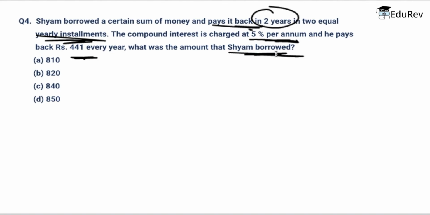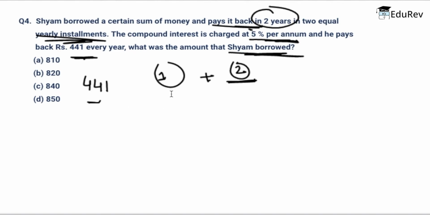As given in the question, the loan principal that Shyam borrowed is the present value of rupees 441 payable after 1 year, plus the present value of 441 payable after 2 years.